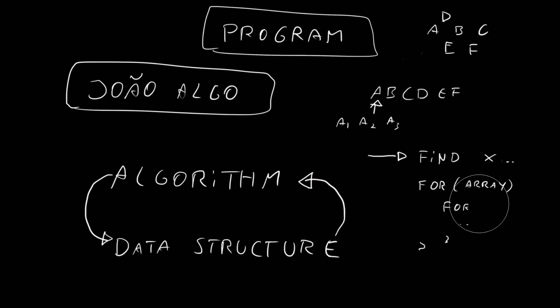And here in this for loop, I go through the words. So here I get the A, and then here goes A1, A2, etc. And then I can look at each of these. So this would be one algorithm, one way of doing it.